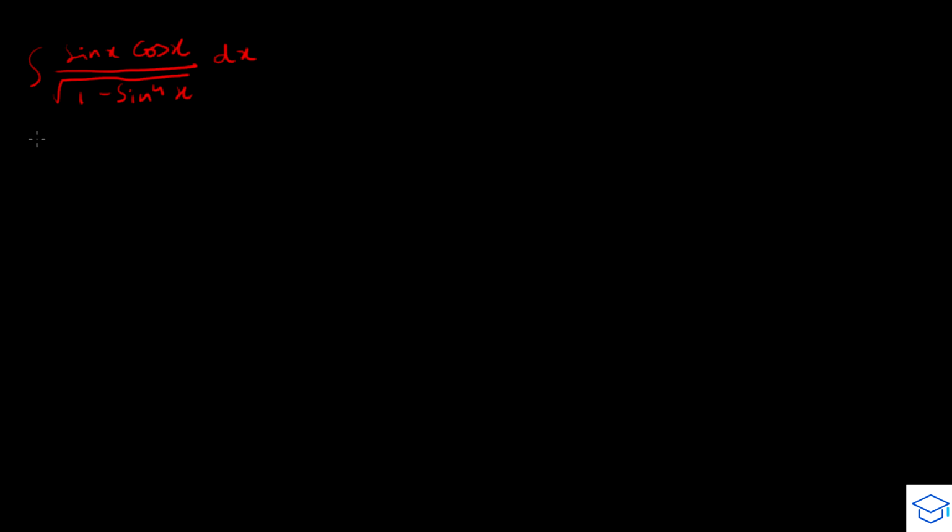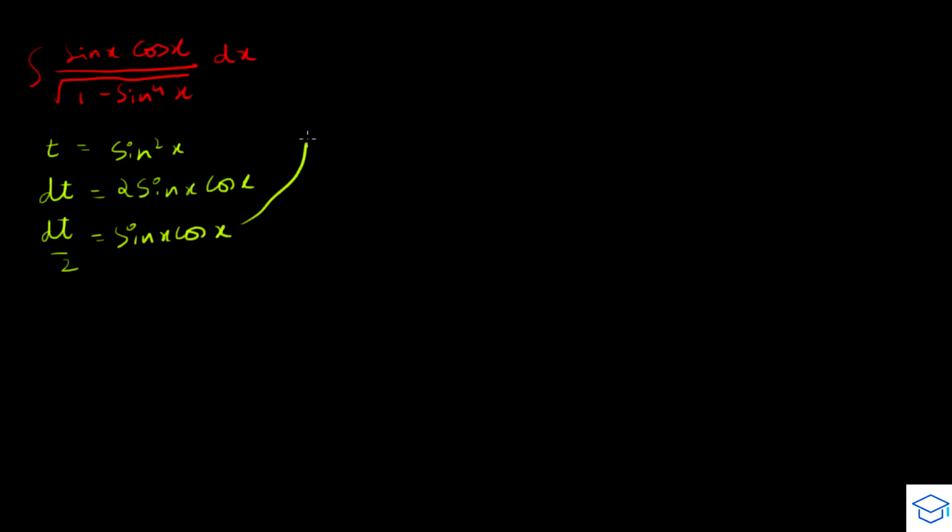So let me use t is equal to sine square x as a substitution. So now let me differentiate t over here. dt is equal to 2 sine x cos x, hence dt by 2 is sin x cos x.